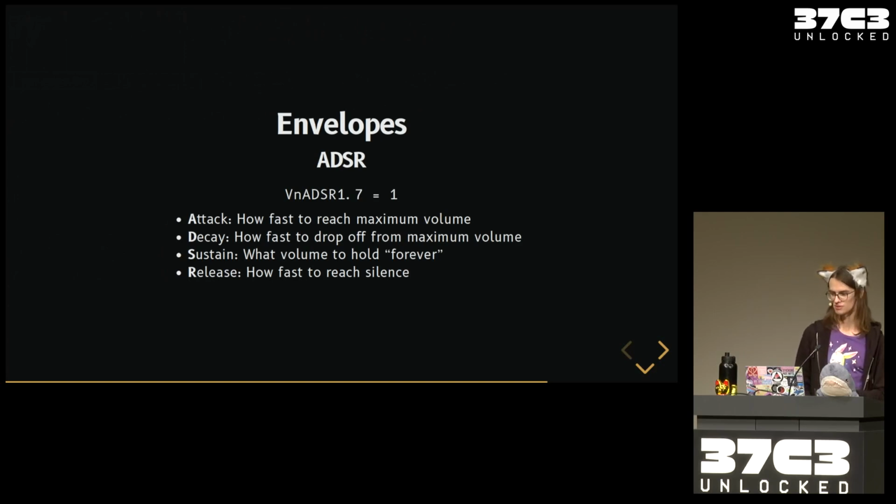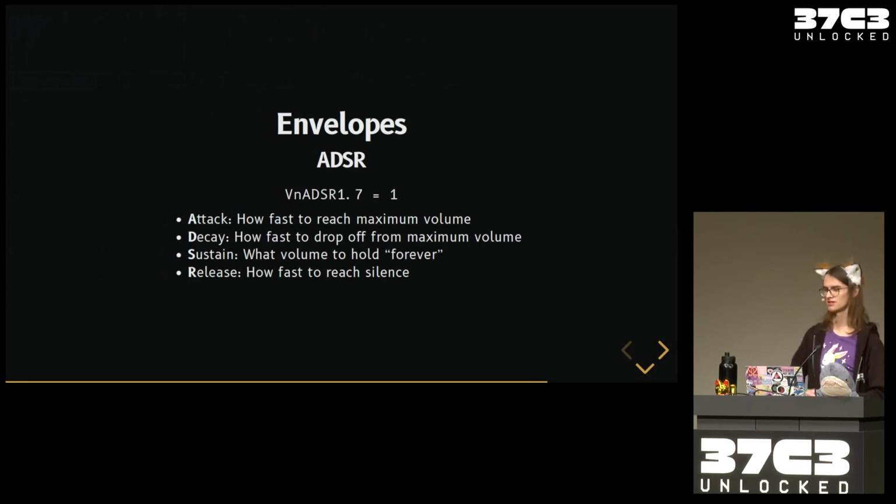Now, for envelopes, this is the way that we shape audio and determine what kind of, it's a very important part of how a certain note will actually sound. So the DSP can do ADSR envelopes. ADSR stands for attack, decay, sustain, release, and it's still the standard modern way of modeling envelopes on modern synthesizers.